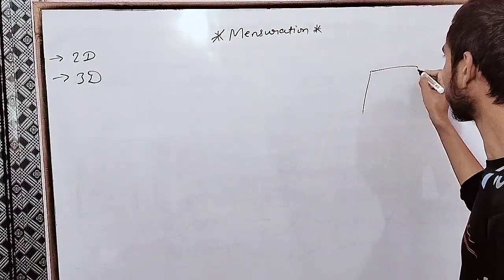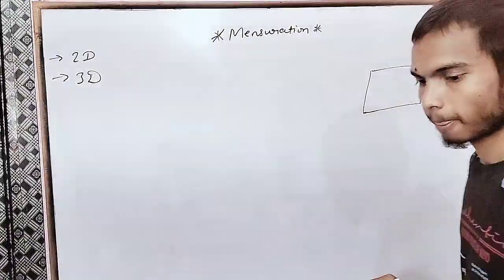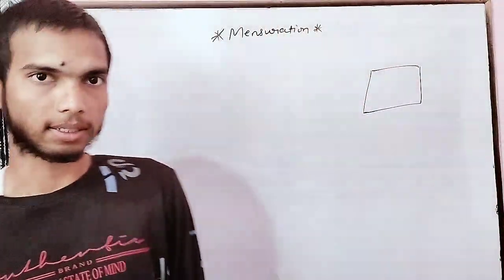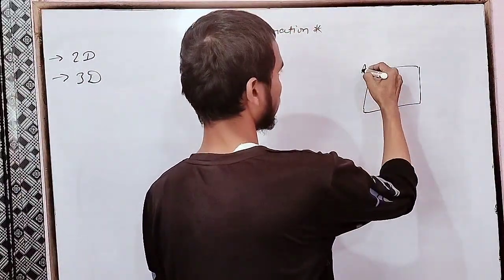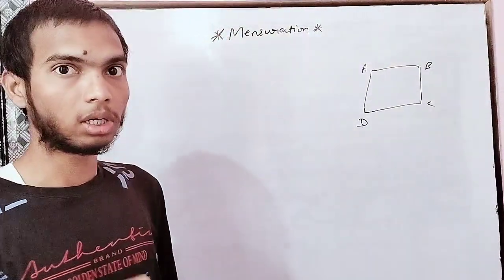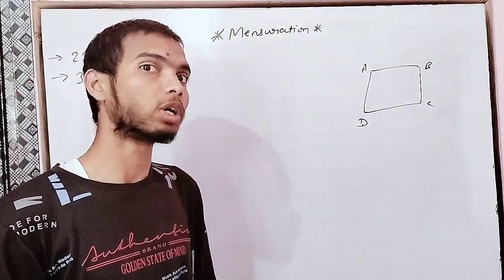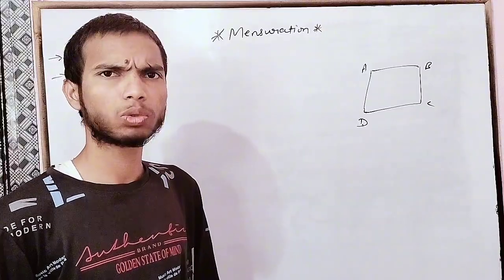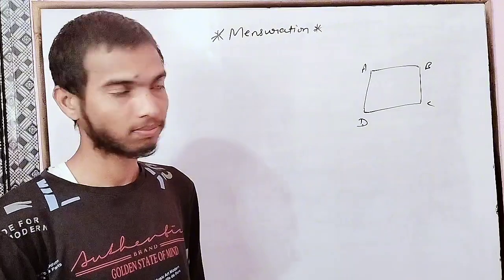Now, for example, this is a square, or you can say a rectangle. It is 2D. So how can we say that it is a 2D shape?